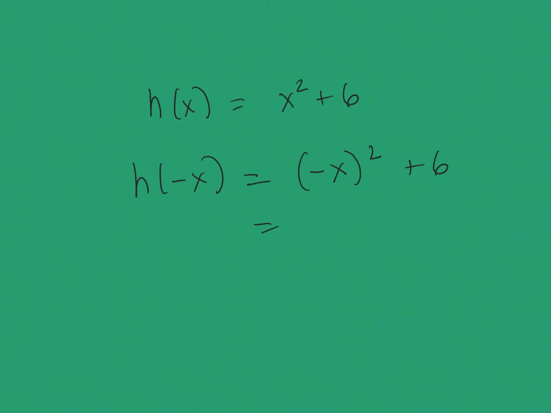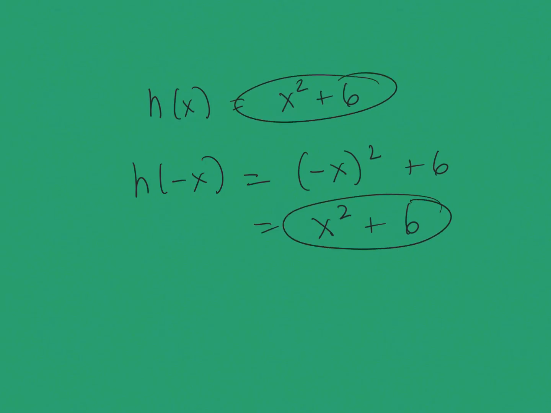All right, real quick so that you can see what it is. What if I did h of x equals x squared plus 6? Then when I put in negative x in here, this would be negative x squared plus 6. A negative and a negative become a positive, x squared plus 6. So these match. That's even. Let me show you an example of an odd one. If I had x cubed minus 2x, I think that's odd.